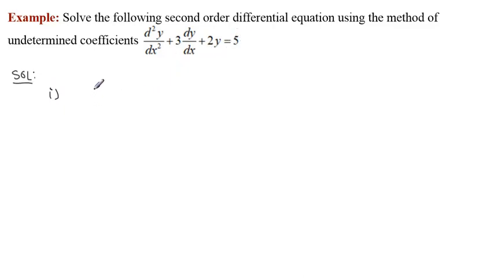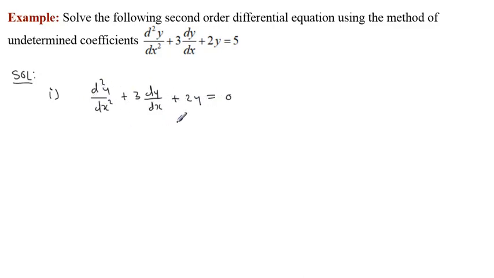In this case, we take d2y/dx2 plus 3 dy/dx plus 2y equals 0. Now, I hope you understood what I said. You take this non-homogeneous equation and momentarily treat it as if it is a homogeneous equation.